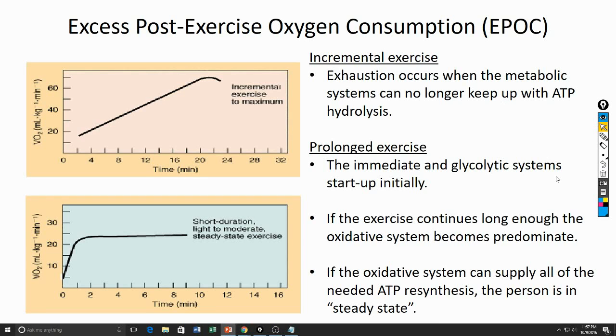As I said, steady state is the point where your oxidative system is able to produce enough ATP to meet the energetic demands of your steady velocity work.